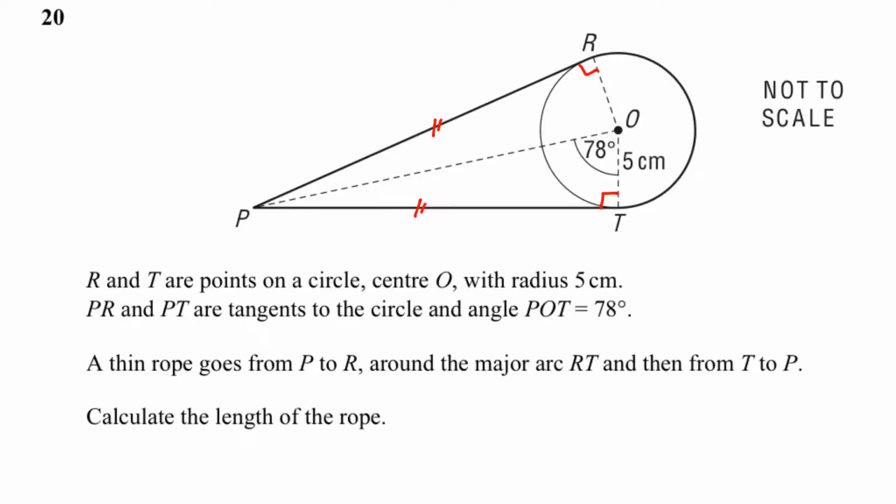And then we need to find the length of the arc. To find the length of the arc, we will need the formula. Length is equal to theta over 360 times 2 pi r. First, let's find PT and PR, then we'll come to the arc.